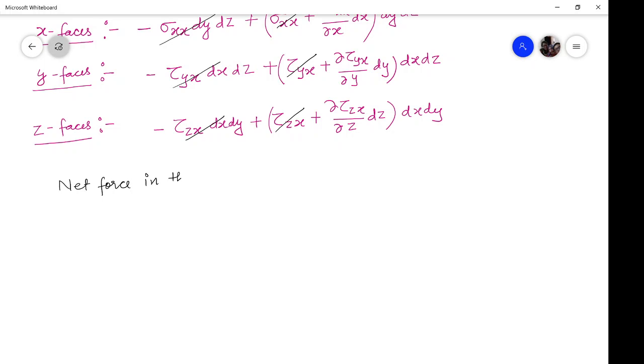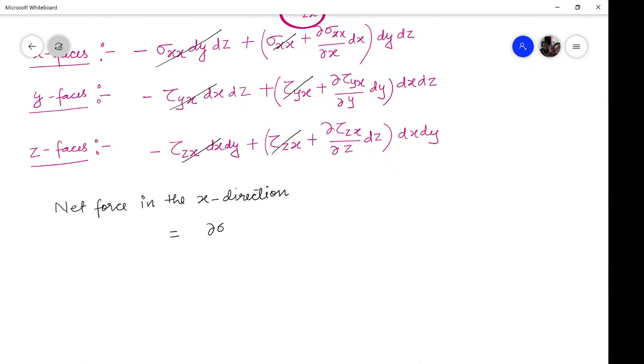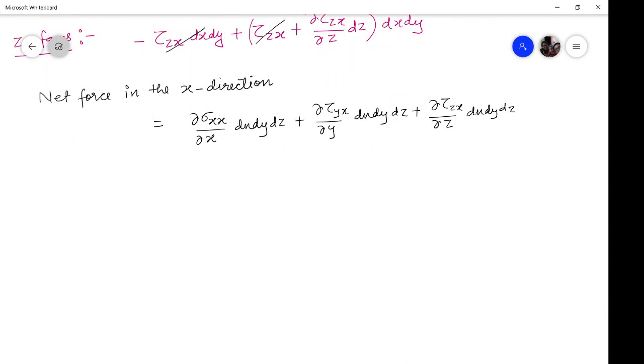So the net force in the x direction will be equal to the sum of all these, that is del sigma xx by del x dx dy dz plus del tau yx by del y dx dy dz plus del tau zx by del z dx dy dz. And what is dx dy dz?